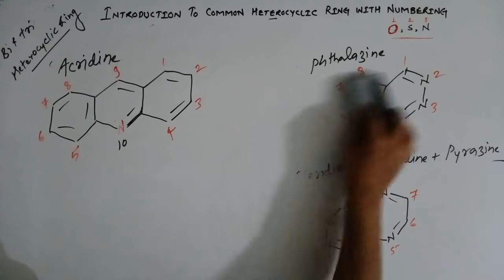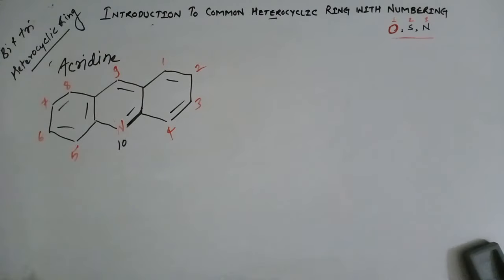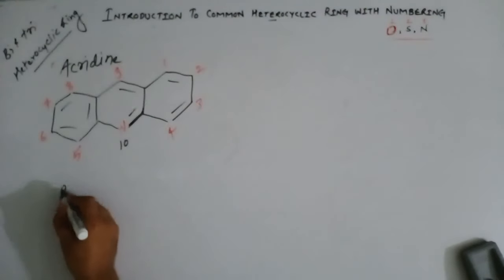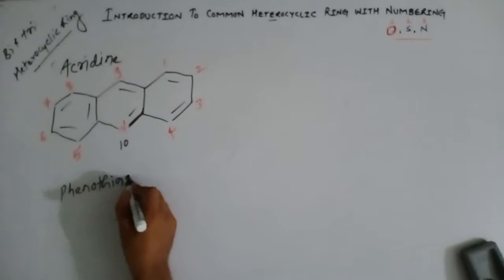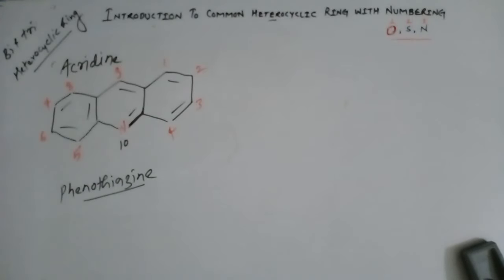Now similar to this, there is another molecule which is also tricyclic. Its name is phenothiazine. The structure of phenothiazine is like this.